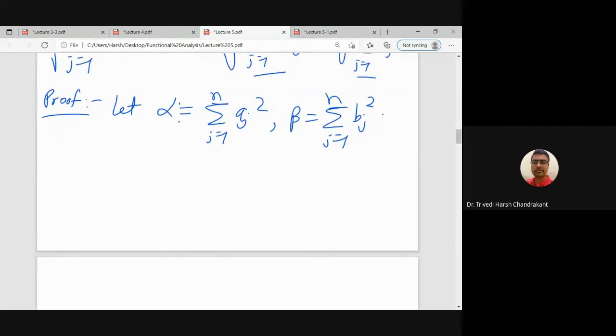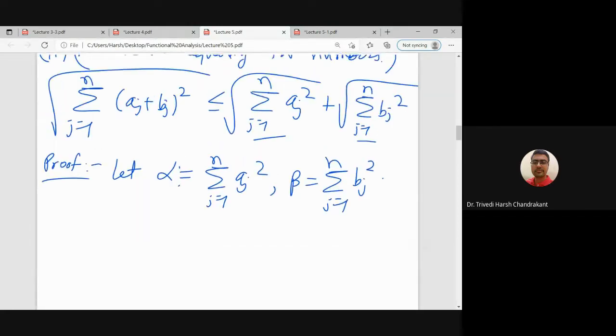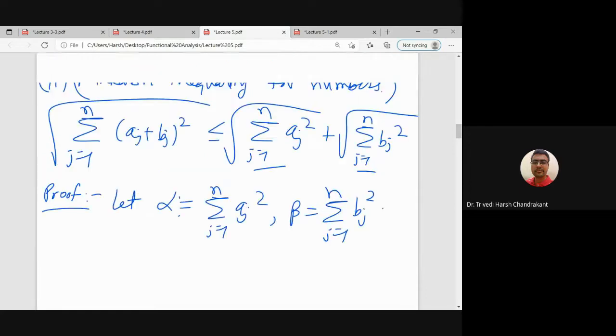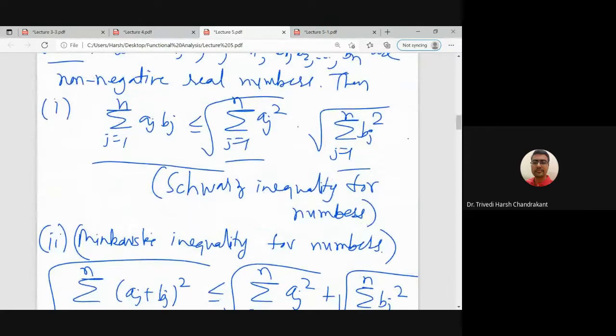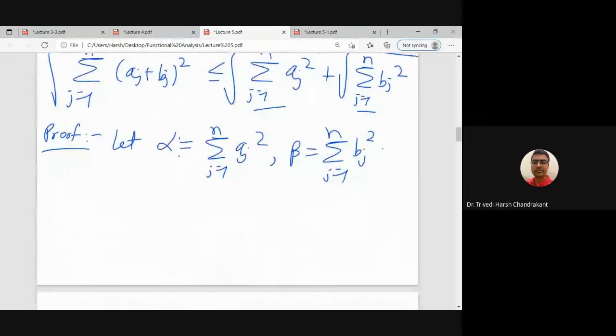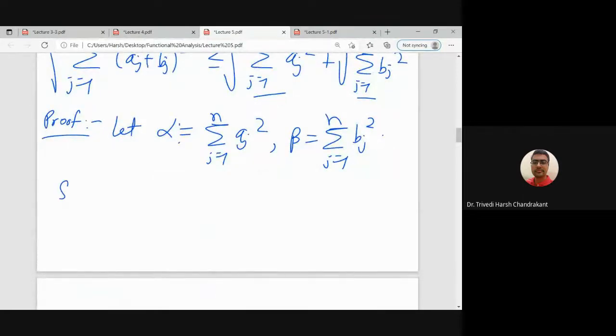Now the question is, what if alpha or beta is 0? We want to first prove the inequality in that case. So suppose alpha is 0 or beta is 0.